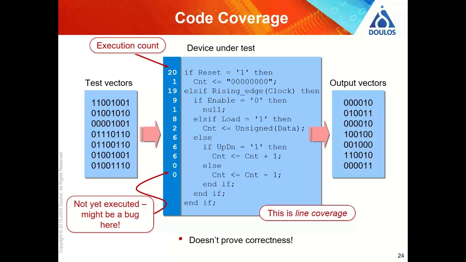Firstly, if we get lines here that never get executed, there could be two reasons for that. It might be that we just haven't generated the correct input stimulus, in which case we could address that by just running a simulation for longer, or, more worryingly, it could indicate a design bug that we need to fix. Okay, so code coverage is useful, but it doesn't actually tell us anything about whether the design is correct.